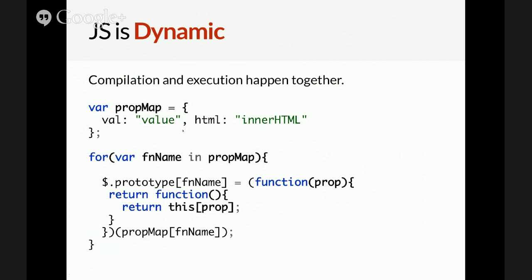In this case, if we wanted to create a dumb version of jQuery's val function and a dumb version of jQuery's HTML function, I could loop through this object and create a new function every time, called val and then an HTML one, and basically return a function that will read this dot either value or inner HTML.